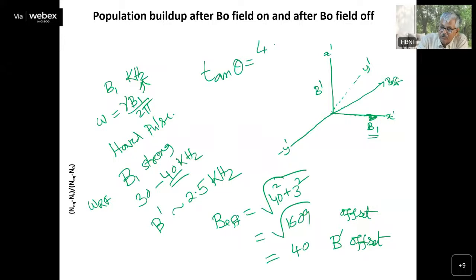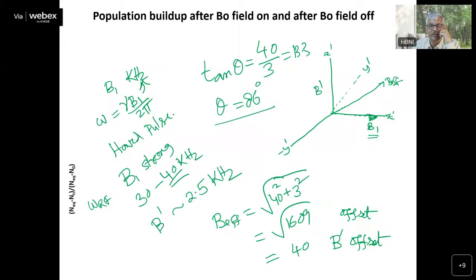Tan theta will be 40 by 3, which is 13.3, and theta will be around 86 degrees. 86 degrees is very close to 90 degrees. That means this B1 is strong enough to excite all nuclei almost equally. This is the only thing you have to understand. So the B1 is now effectively lying very close to x prime.